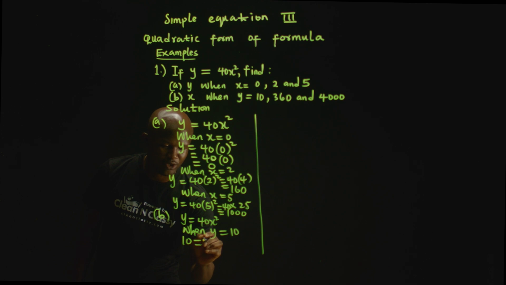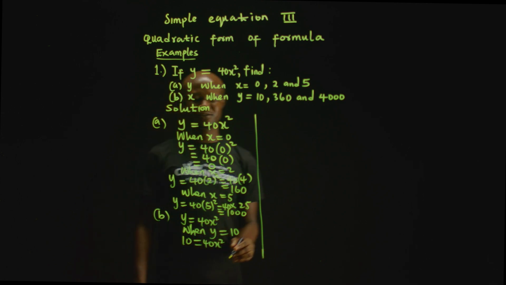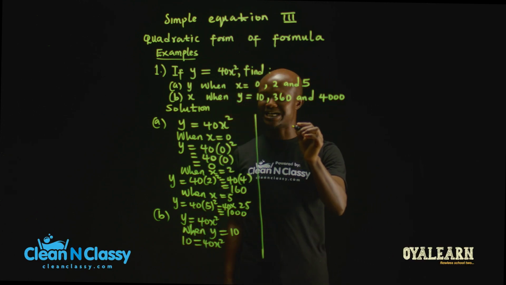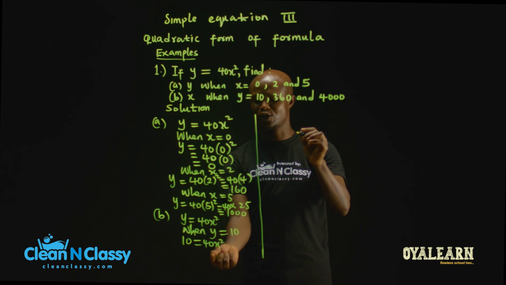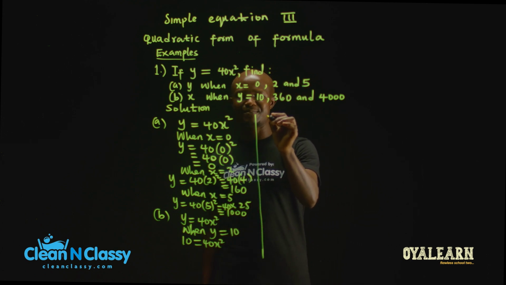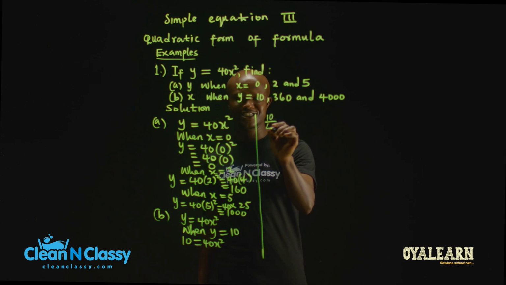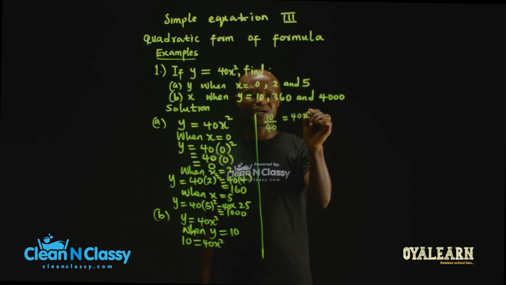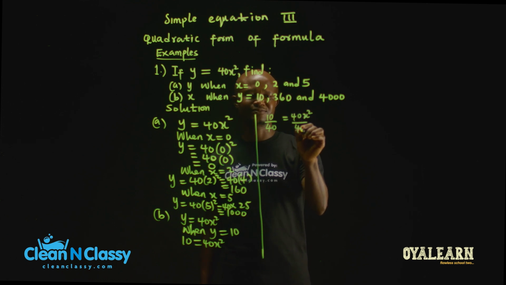So we have 10 equals 40x squared. We are going to divide both sides by 40 because we want to find x. Dividing both sides by 40, we have 10 divided by 40 equals 40x squared divided by 40.